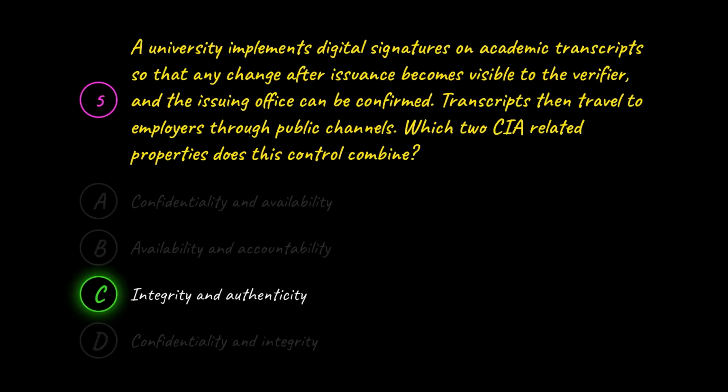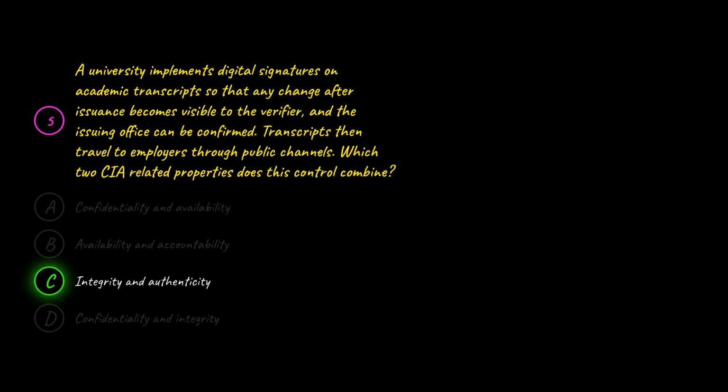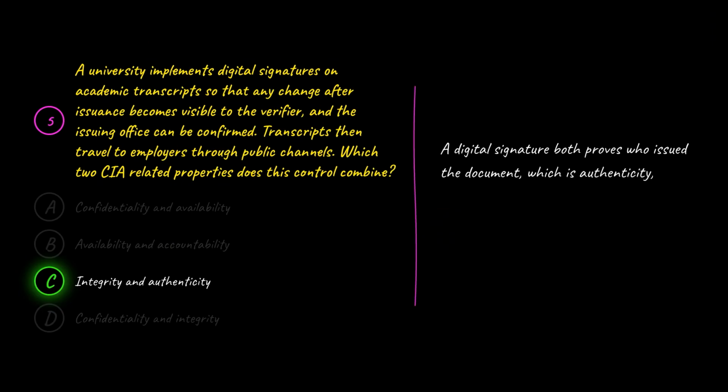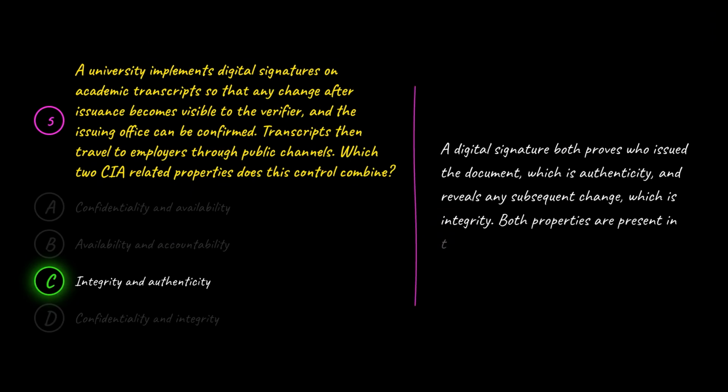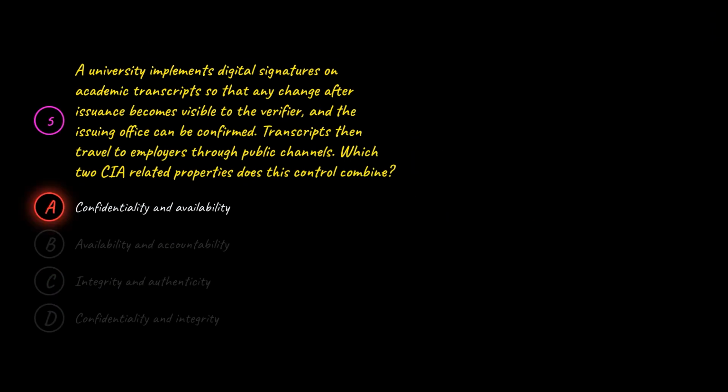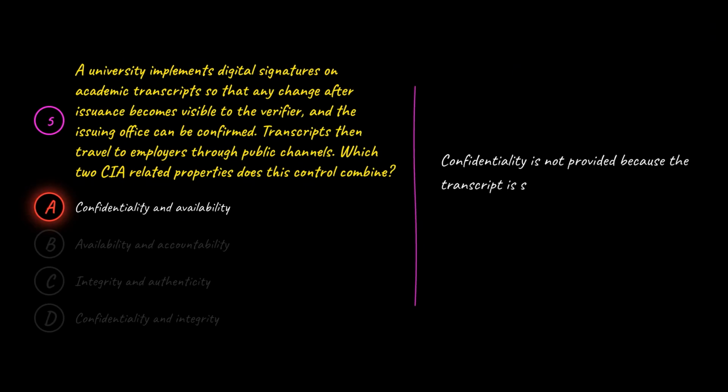The correct answer is C. Integrity and authenticity. C is correct because a digital signature both proves who issued the document, which is authenticity, and reveals any subsequent change, which is integrity. Both properties are present in this control by design. A is wrong because confidentiality is not provided, since the transcript is sent through public channels without encryption.